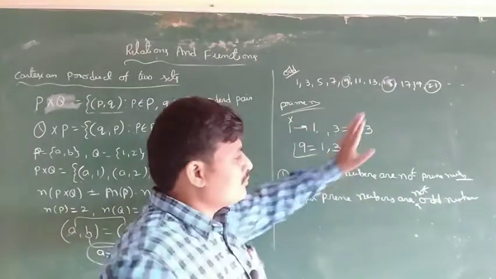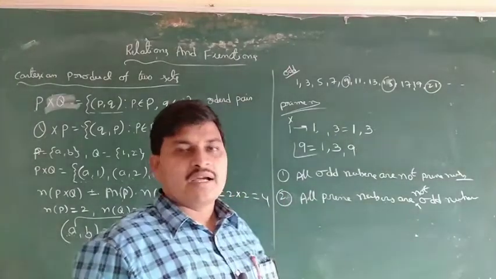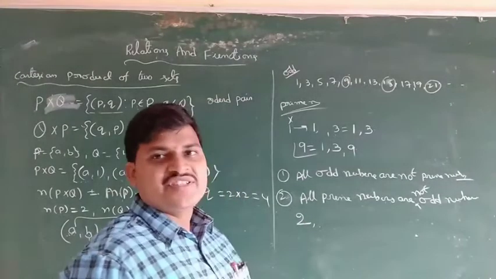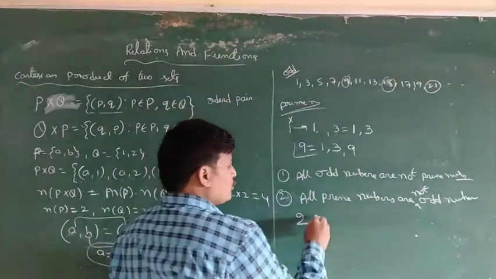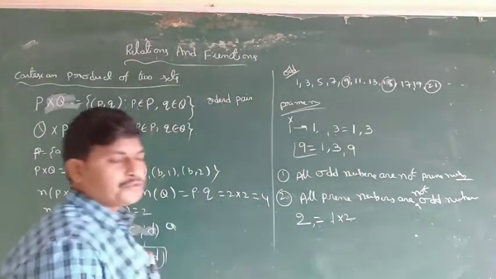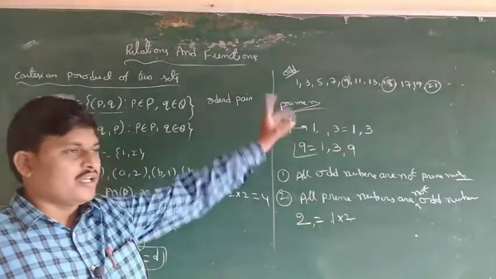All odd numbers are not prime numbers, and all prime numbers are not odd numbers. Why? 2 is a prime number. 2 is equal to 1 into 2. 1 and itself are the factors of 2. So 2 is a prime number, but 2 is not an odd number.